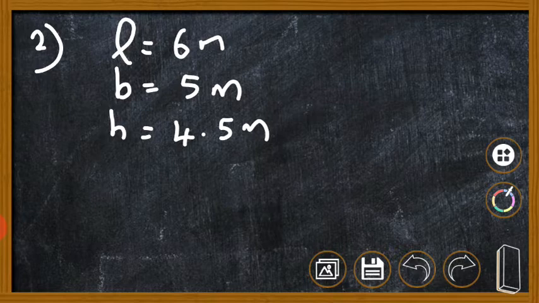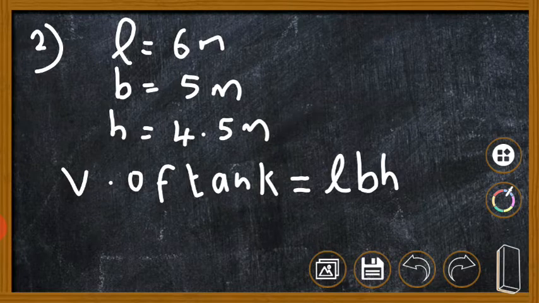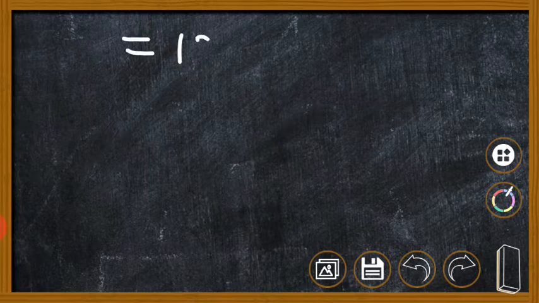First you find out the volume of the cuboidal water tank. What is the formula? Since it is a cuboid, the volume of tank is equal to LBH, meaning 6 into 5 into 4.5. So you will get 135 meter cube.